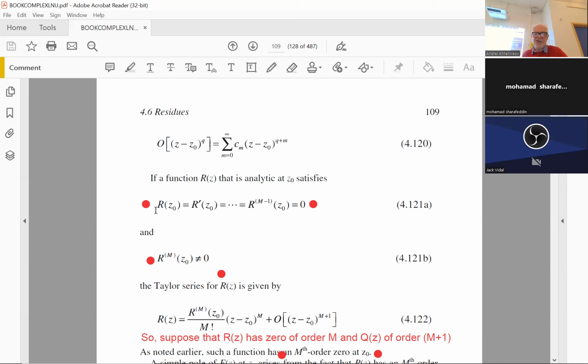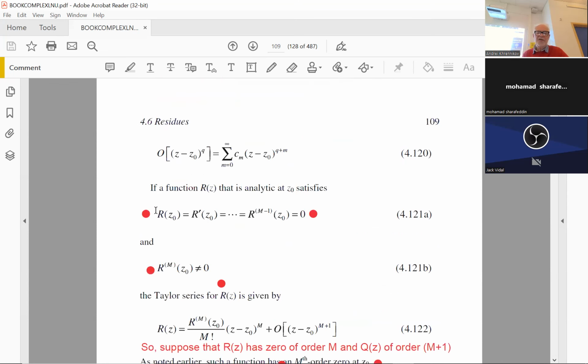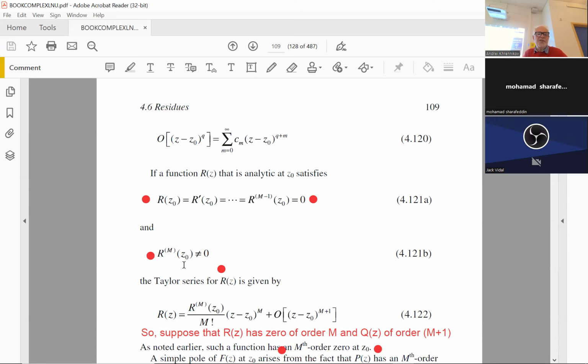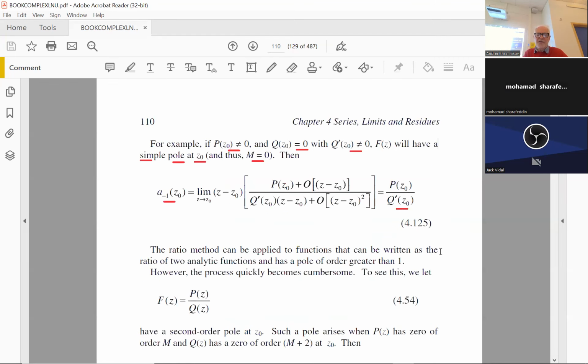Suppose that the function in the numerator, which was r, has a zero of degree m. So r(z0) is 0, the derivative is 0, and the derivative of degree m - 1 is also 0. For example, it is just (z - z0) to the degree m, and this factor is non-zero. Suppose that the denominator has a zero of higher order, of order m + 1.